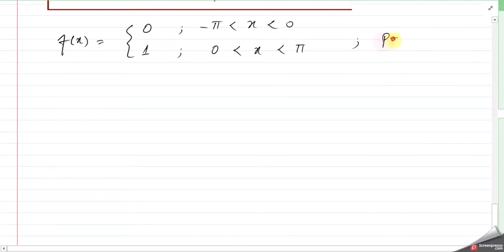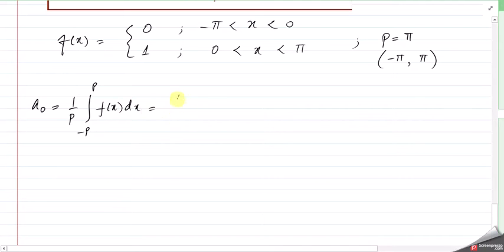The first observation is that p equals pi, because our interval is minus pi to pi. Right. So let's start the integrations. First we need to do a naught. A naught is 1 over p integral minus p to p f of x dx. That will give 1 over pi integral minus pi to pi f of x dx.